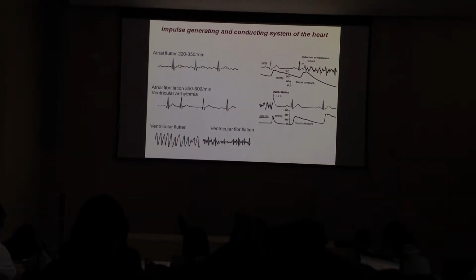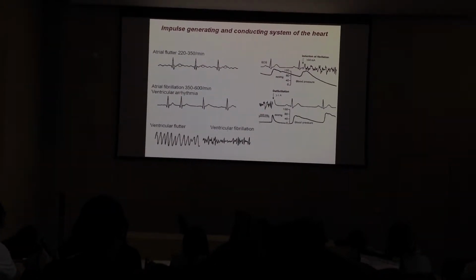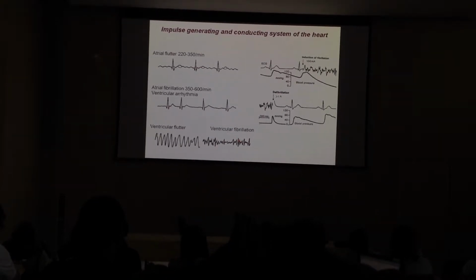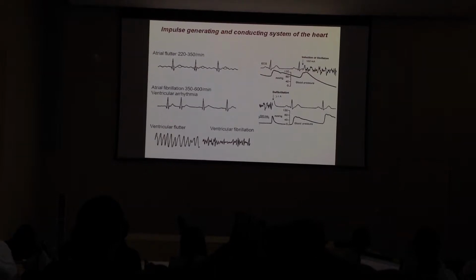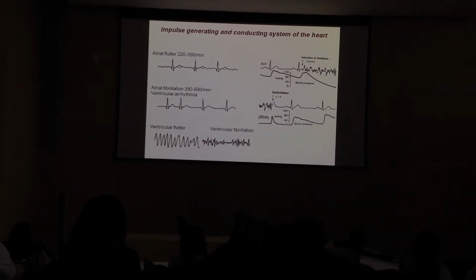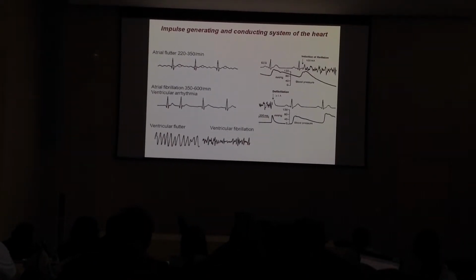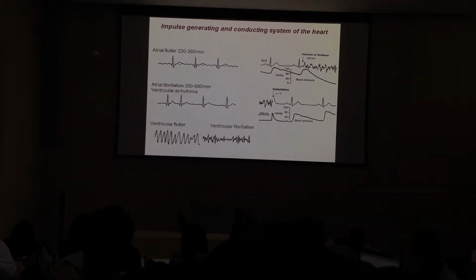There are many, many T waves. There is ventricular fibrillation, and atrial fibrillation will appear in the atrium, and many, many action potentials will appear, and the membrane potential simply oscillates. There is no normal repolarization.